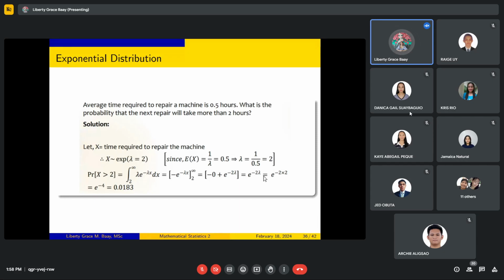So the probability of x greater than 2 is equal to 0.0183, which is 1.83%.